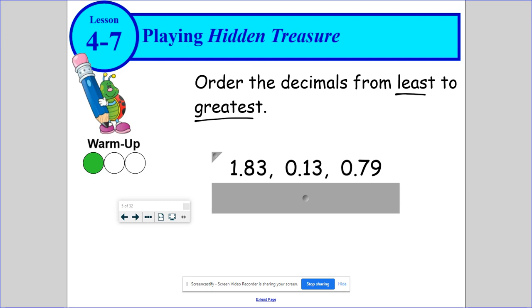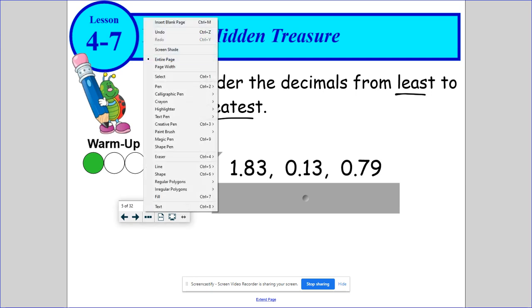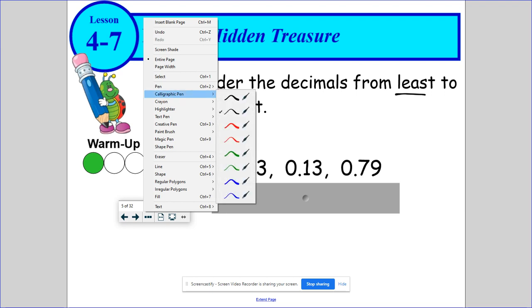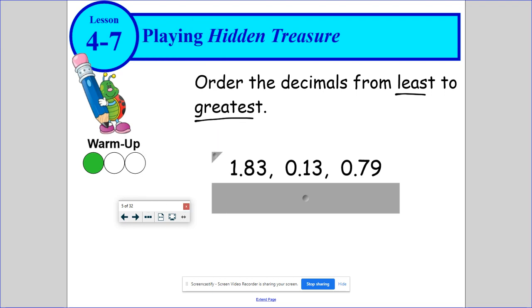So we know least was the smallest. We talked about earlier in this unit, we talked about looking at and comparing them. And so we want to start in the ones place, and we see this is going to be our largest. Okay, that's our largest one because we have a 1 there. So then when we're comparing 0 and 13 hundredths and 0 and 79 hundredths, we're going to look at the tenths place, and we see 1 compared to 7 is the smallest.